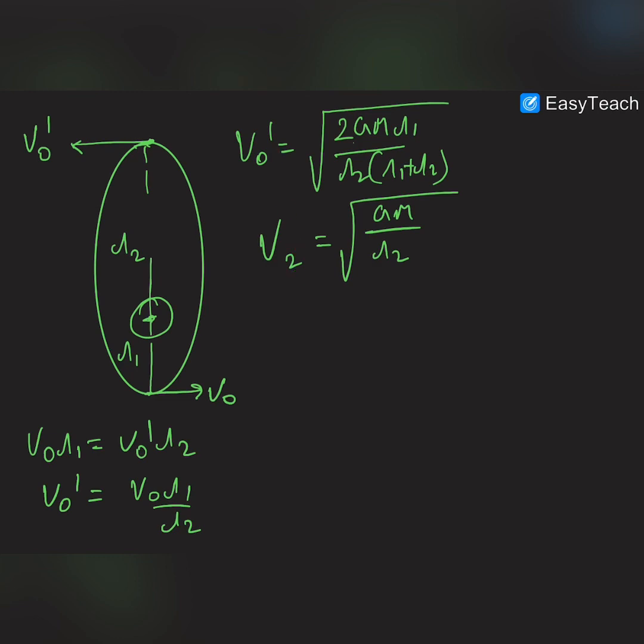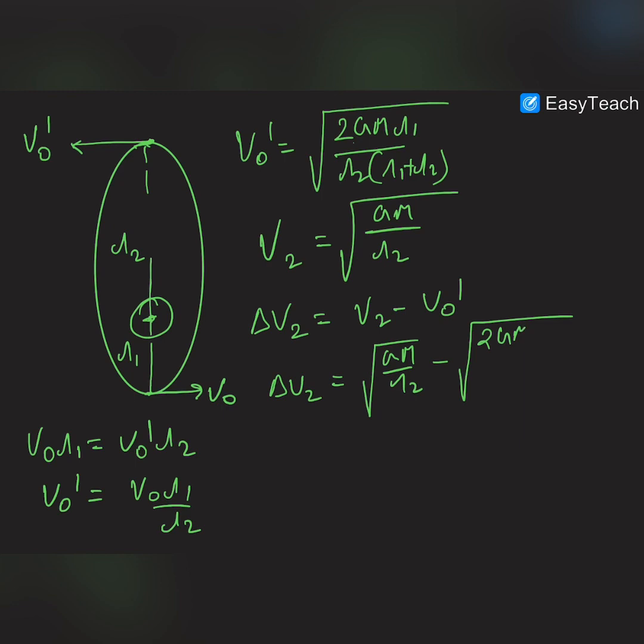So the second impulse which we need to give would be v2 minus v0 dash. So delta v2 should be equal to under root of gm by r2 minus under root of 2gm r1 by r2 into r1 plus r2.